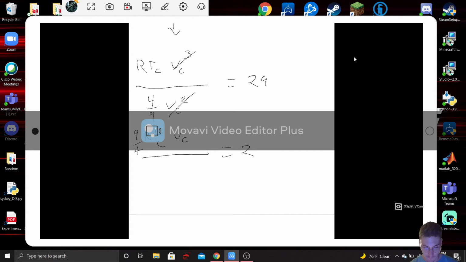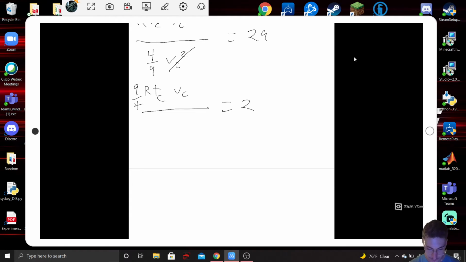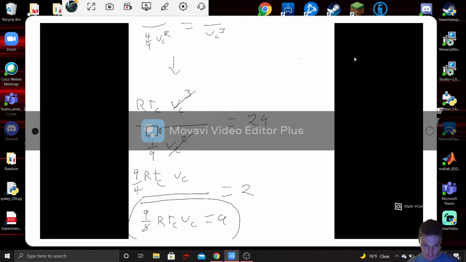So then if we divide again, this just becomes 9/8 RTC VC equals A. So now we solve for our A parameter, and we can go ahead and plug that back in to the original equation, and let's do that real quick.